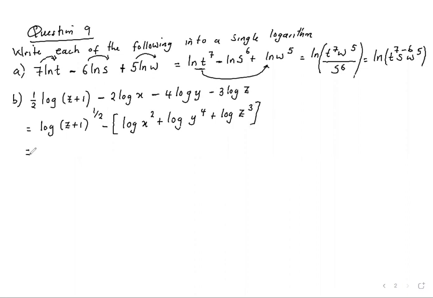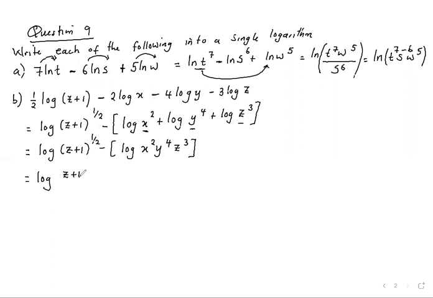And then now, first, I'll keep the z plus 1 half, and then put this inside here by multiplication and bring them together. So I have x squared y4 z3, which becomes log z plus 1.